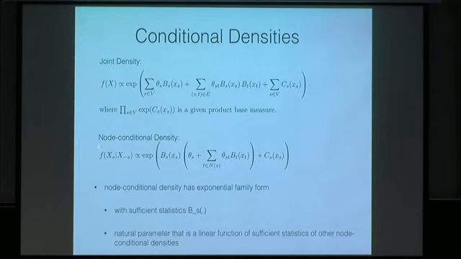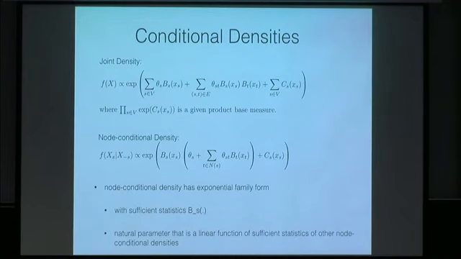If we focus on xs, then this is an exponential family with sufficient statistics b sub s, and this is the parameter corresponding to the exponential family. This parameter is a linear combination of the sufficient statistics of the other variables. So that's the natural parameter.